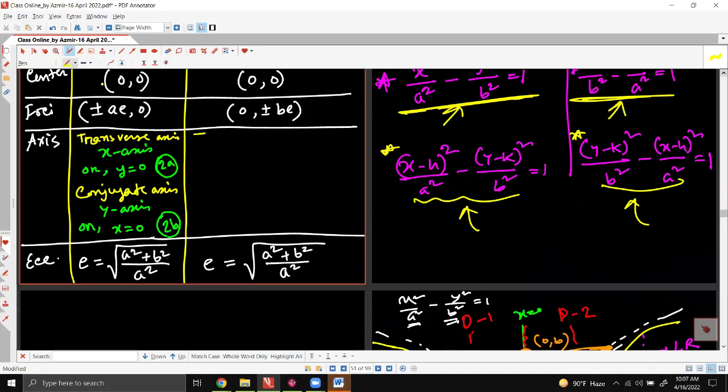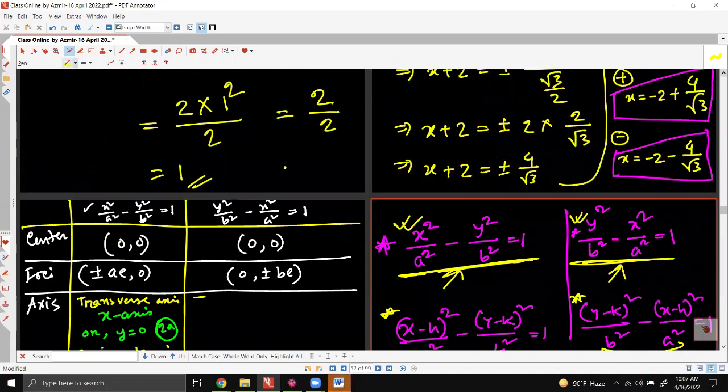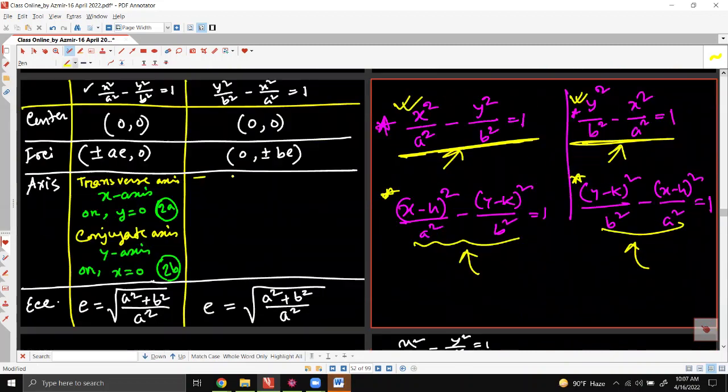Similarly, for the second equation, y squared over b squared minus x squared over a squared equals 1, the transverse axis will be y-axis. That means for these two hyperbolas, the formulas are interchanged.